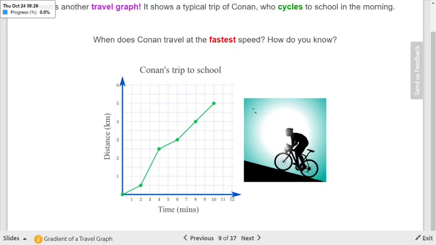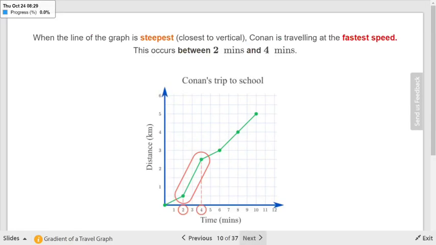Why? Because that's the steepest part of the line. If you look at this line, it's not as steep as this line. So this one is the steepest of those, so that's where he's traveling the fastest. Okay?